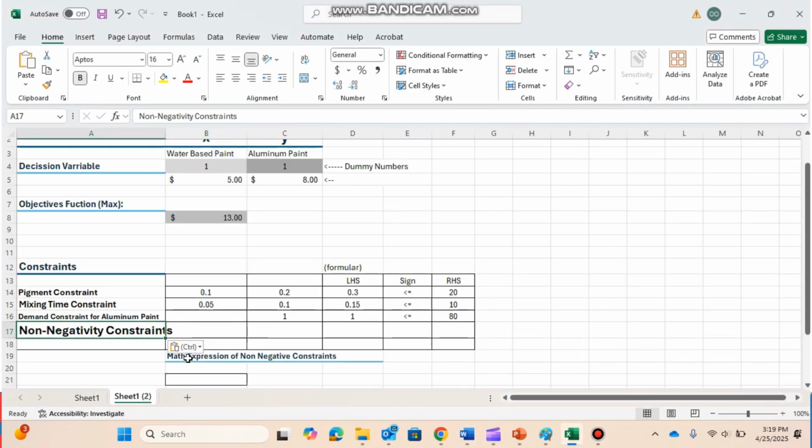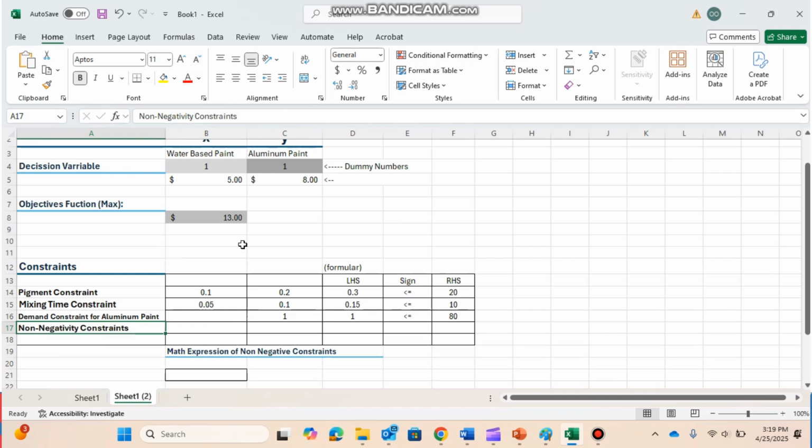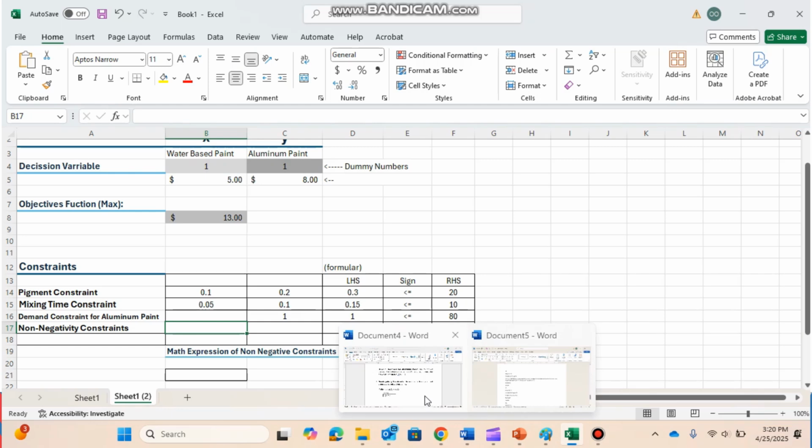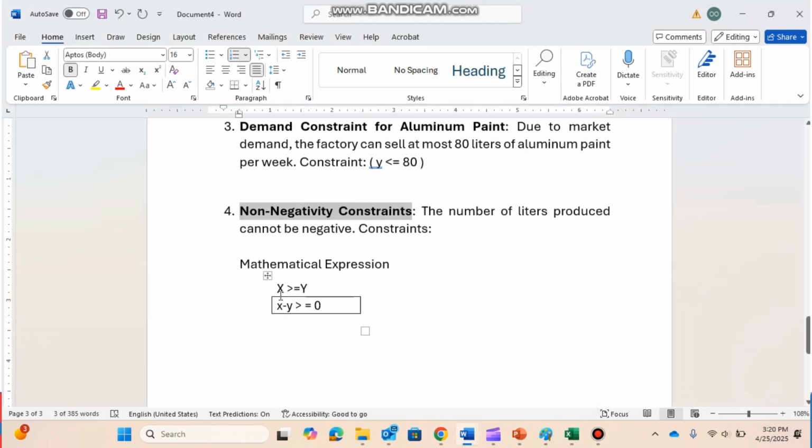Okay, so we have this, reduce the size. Now from here, we have the mathematical expression that I've made here. Say x is greater than or equal to y. If you bring y across the equal sign, you have x minus y is greater than or equal to 0.